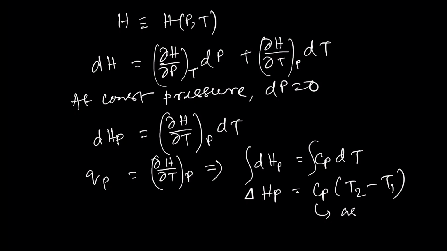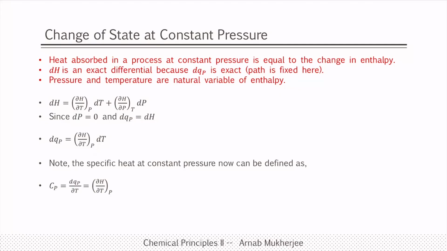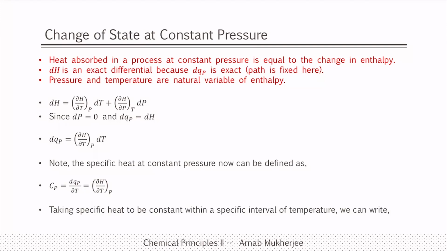What have we done? We have just integrated on both sides, assuming Cp is constant. I think that is what is done here. And by integrating, we can also get the heat.